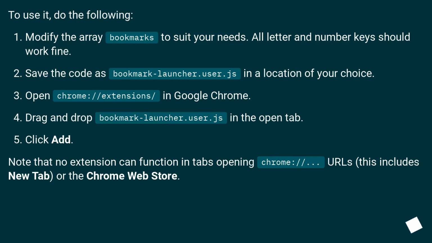To use it, do the following. Modify the array bookmarks to suit your needs. All letter and number keys should work fine. Save the code as bookmarklauncher.user.js in a location of your choice.